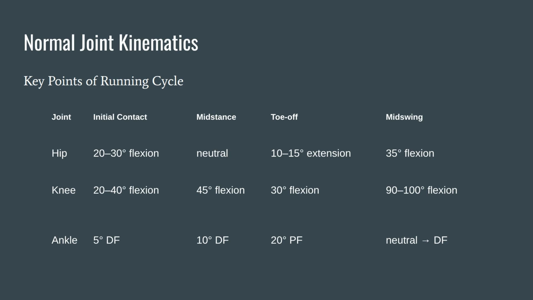During mid-swing, the knee flexes dramatically up to 90 to 100 degrees to allow limb clearance. This reinforces a key theme from earlier lectures. Running magnifies sagittal plane demands.